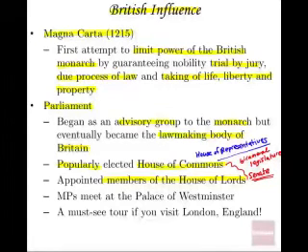Now, to give you an idea of British government, the MPs, or members of Parliament, meet at the Palace of Westminster, which is the equivalent of Capitol Hill. And again, to me, it's a must-see tour if you visit London, England. I had the opportunity to recently visit London, and they give you a really extensive tour.